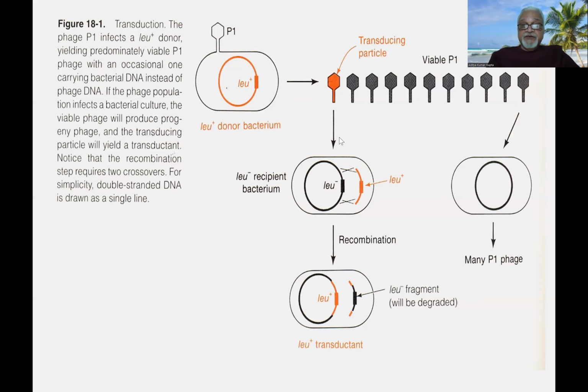This phage is transferring this piece of DNA from here to here, which recombines, and you get a transductant produced.